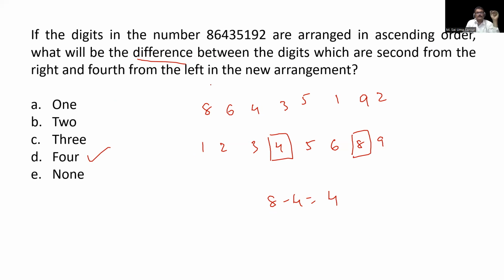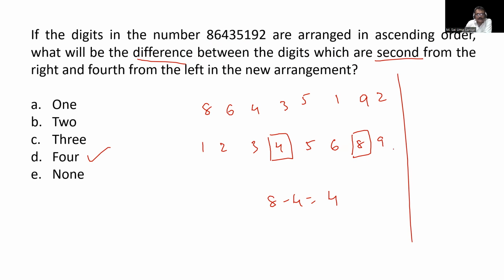Now, come to this case. See, no need to write down all these things. Suppose you write down all the digits in ascending order, what we require is the difference between the second from the right end. Suppose you write down all the digits in ascending order, the extreme right is equal to 9, or not?